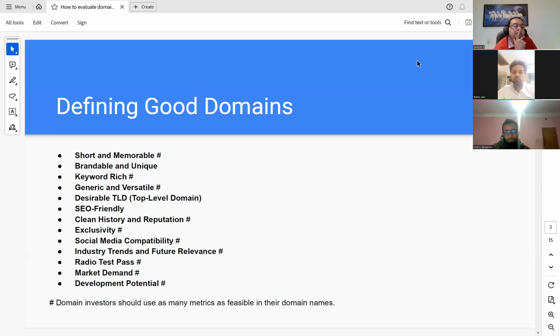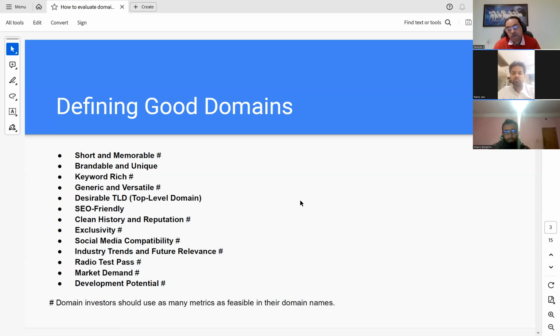And this hash symbol is applicable for domain investors. They should use as many metrics as are feasible for their domain names. Otherwise, all the principles apply when you are going to book a domain for yourself, for your startup, your business, right? Like I have said, a domain should be brandable and unique.